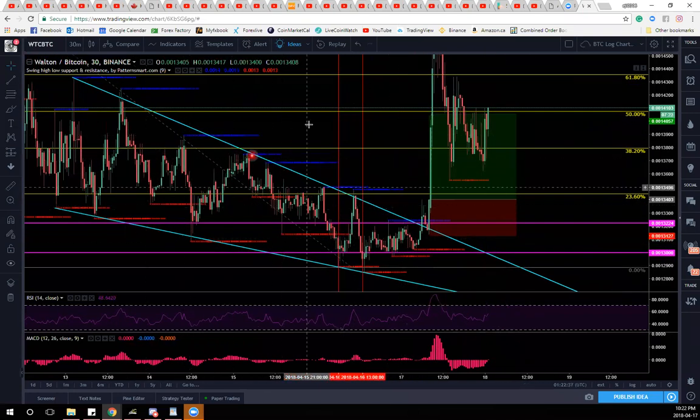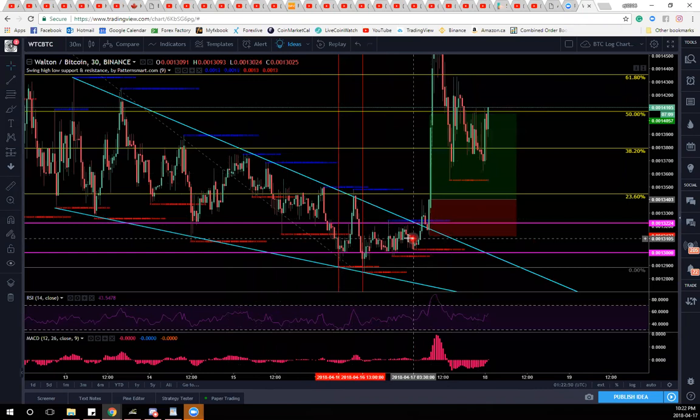If you drew your wedge correctly, sometimes the problem with people is they draw it too steep, so it's not really the correct wedge. Then it breaks out of their pattern and moves sideways like this. But really, if they would have drawn it right, it would be within the pattern.